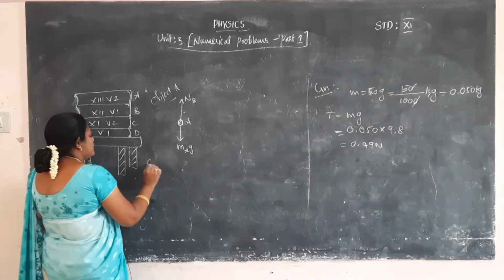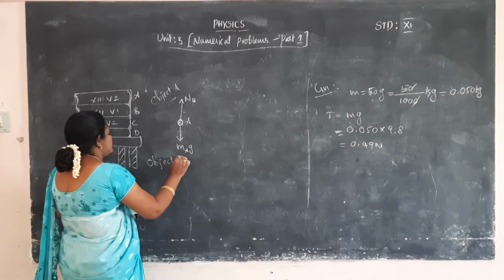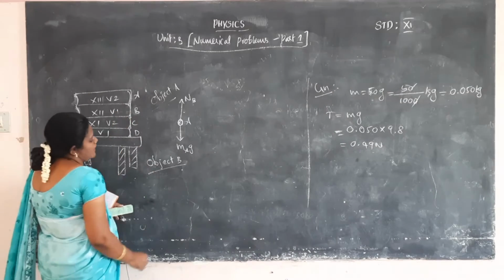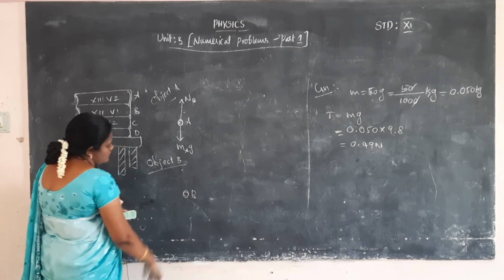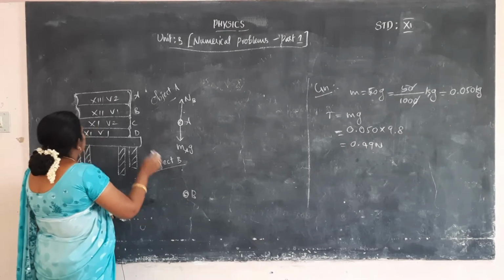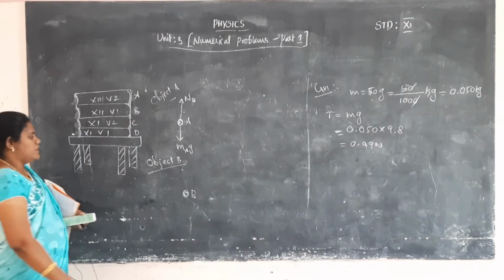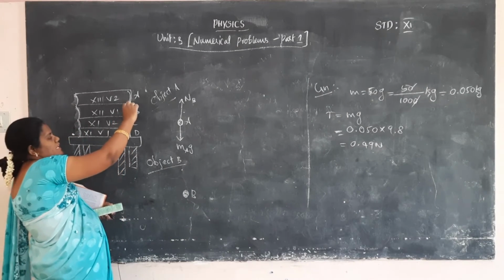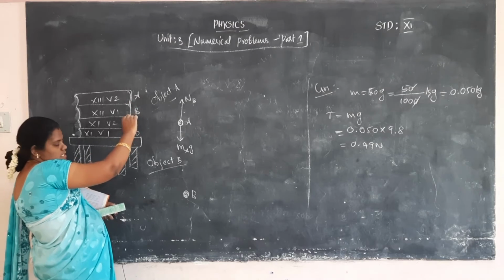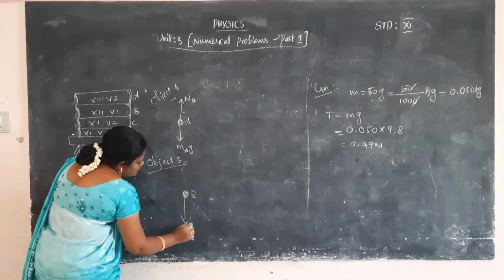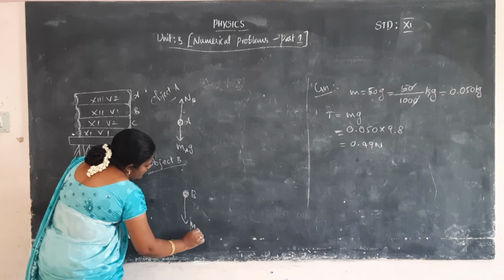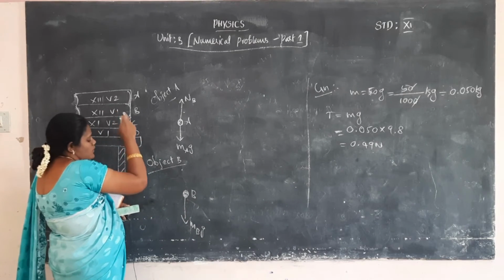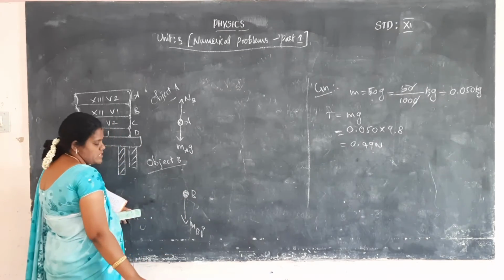Now we consider object B, the 12th standard volume 1 book. What are the forces that will be acting? Object B gives a downward force on C. So first, MBG, the mass of B, the 12th volume 1, times gravity.